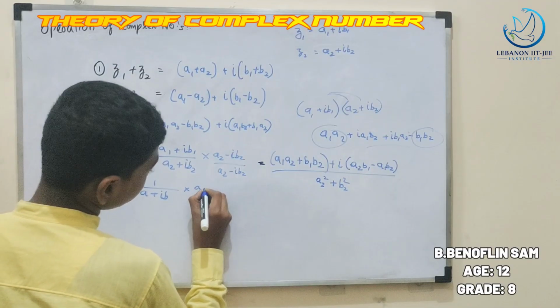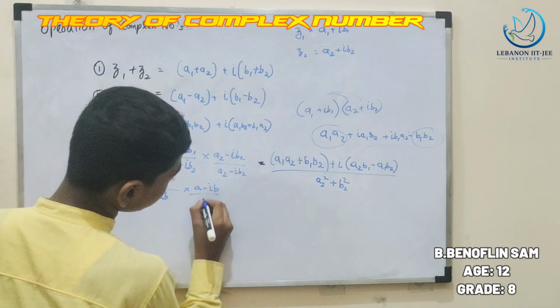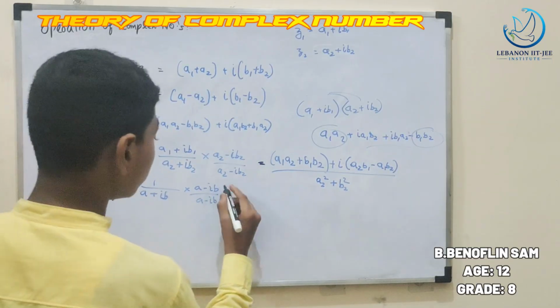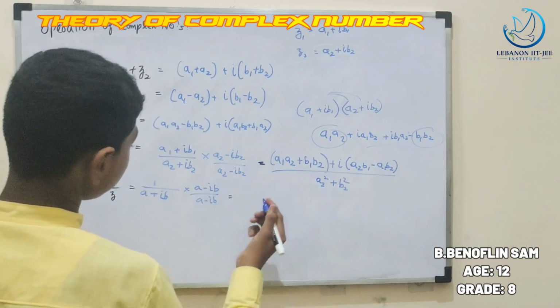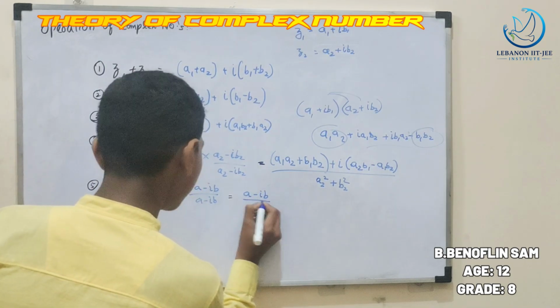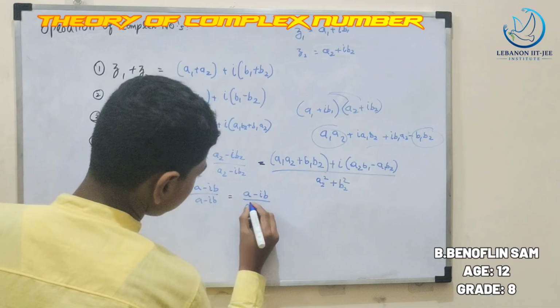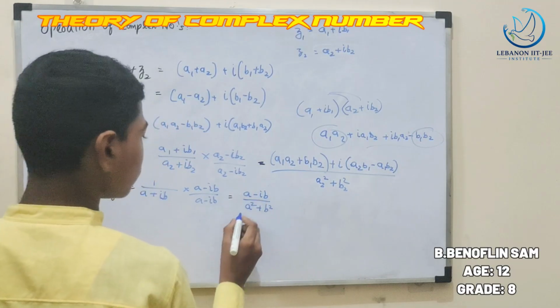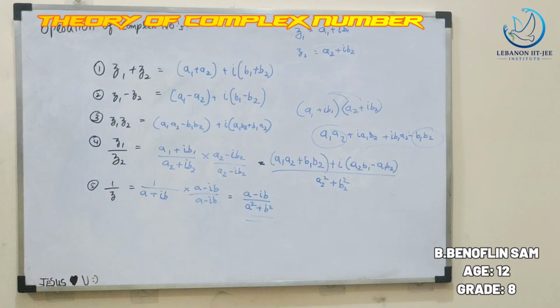If you multiply by a minus iota b on top and bottom, you will get a minus iota b by a square plus b square. This is for the fifth one.